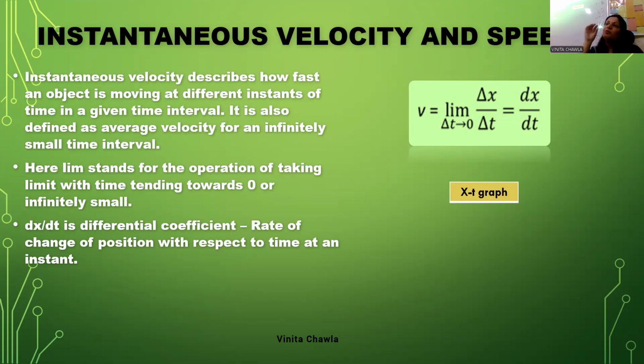Whenever we divide time with any physical quantity, we say rate of change of. For acceleration also, v minus u by t, we say rate of change of velocity. And if we divide momentum with time, dp by dt, we say rate of change of momentum with time. This is how we say.